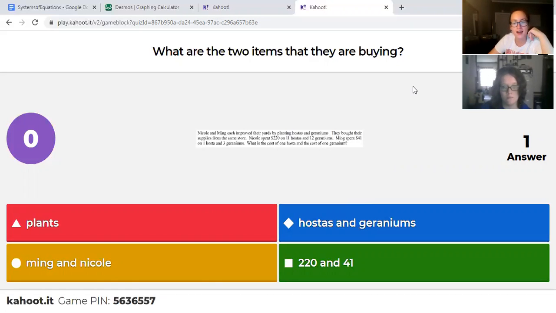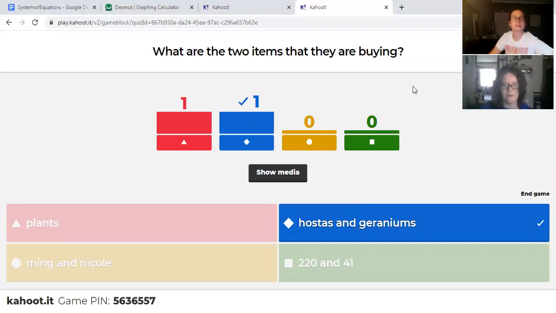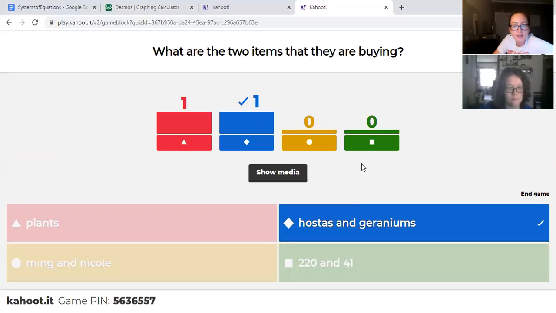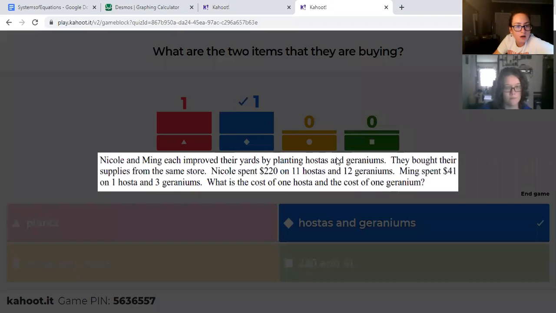Oh, you got it right. Very good. See, I was a little confused because I saw hostas and geraniums here. Oh, I thought I read a different type of plant. Oh my goodness. Okay, so yes, you are correct.